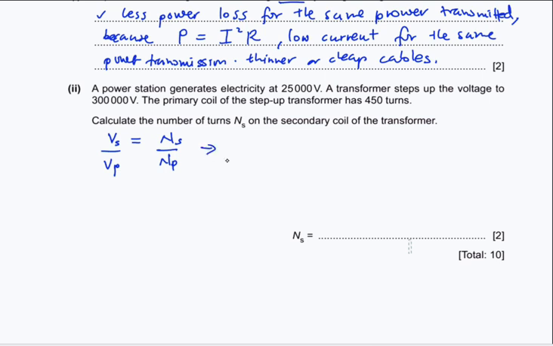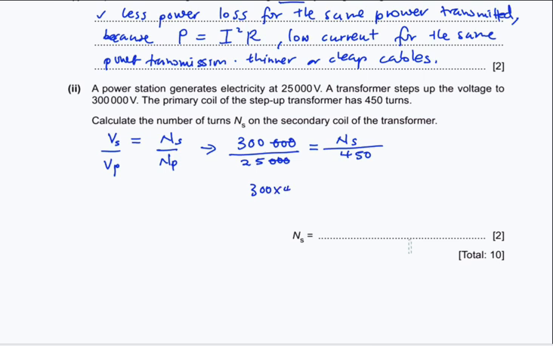Then from here we can substitute, right? Vs is how much? That's the secondary, 300,000 divided by Vp, that's 25,000. Right, this is equal to Ns over Np, which is 450. Of course these guys will cancel out.